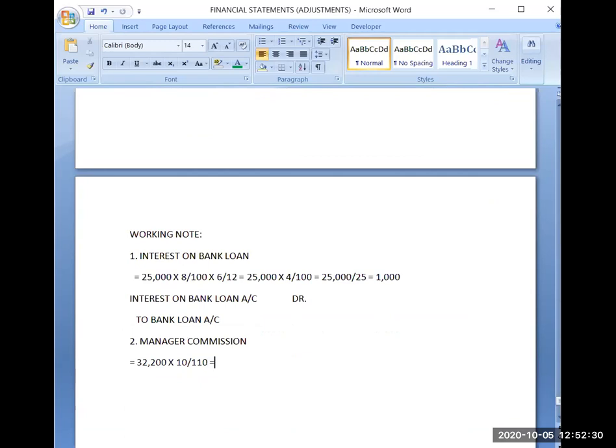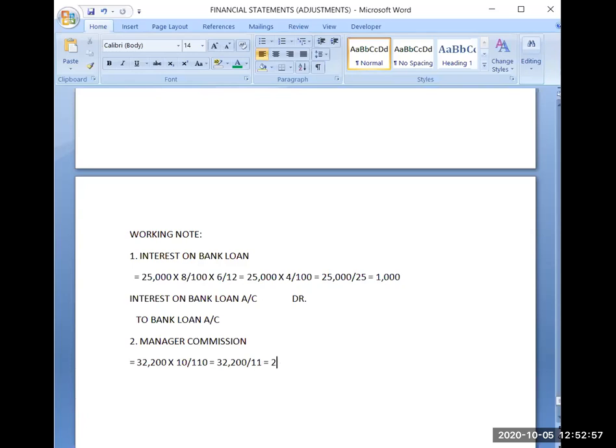So if I will solve it, it will be 32,200 multiplied by, divided by 11. It will remain like this. Then if I will divide it by 11, 11 twos are 22.